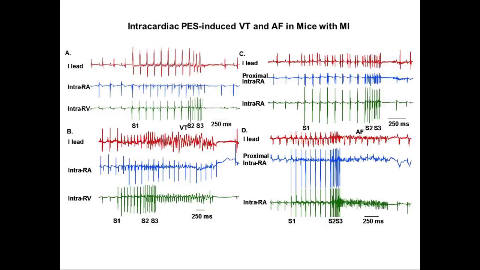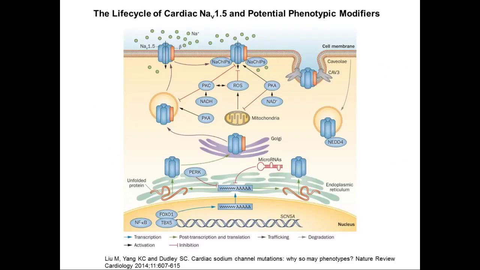After myocardial infarction, the mouse is very difficult to develop cardiac arrhythmias spontaneously. But we can use stimulation, like EP studies, to determine that after myocardial infarction these mice are easily induced to develop cardiac arrhythmias such as ventricular tachycardia and atrial fibrillation, by S1, S2, even S3 stimulation.